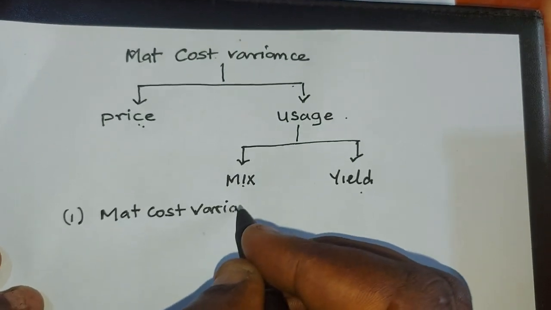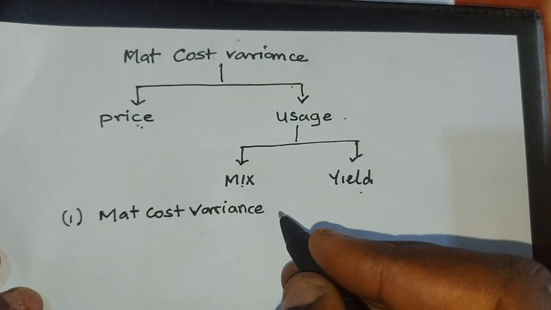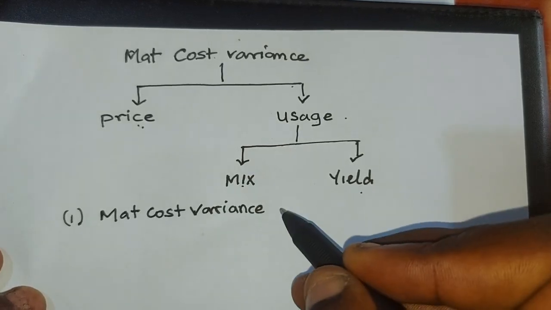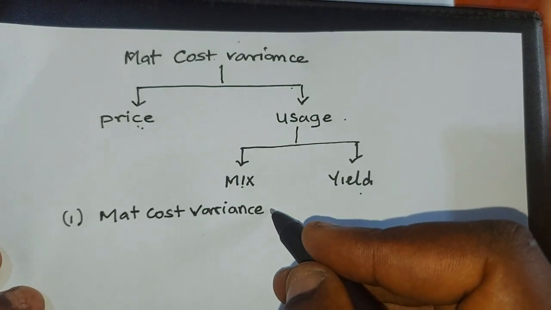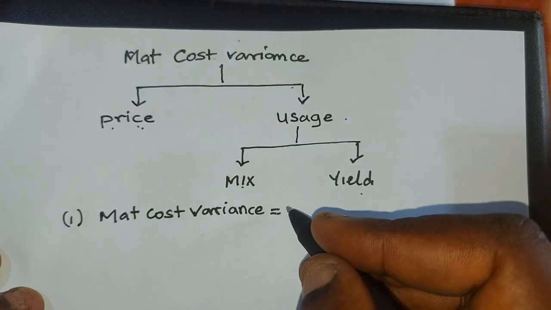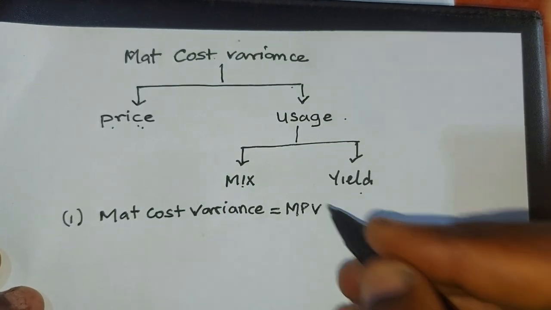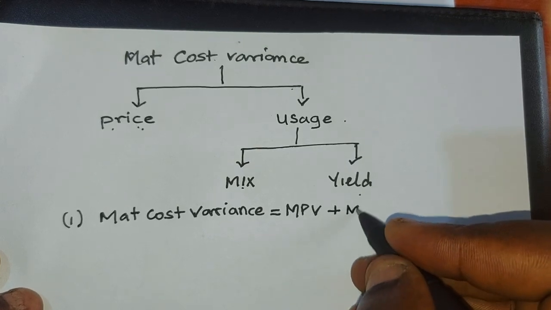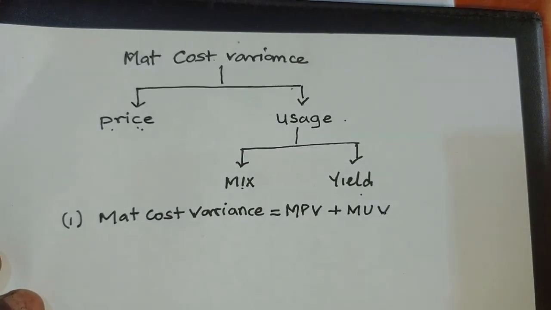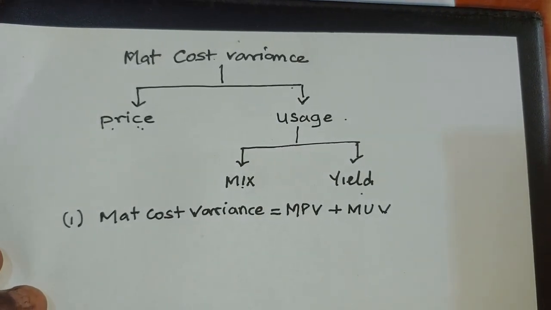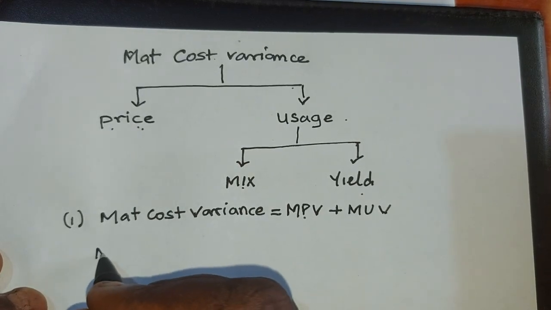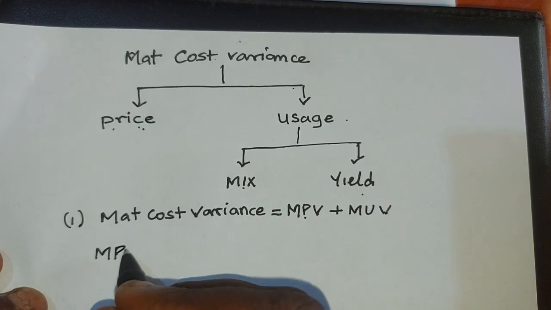Now, number one, for the material cost variance, don't forget, what is variance? Variance is nothing but the difference between the standard and the actual. So the material cost variance is the addition of material price variance plus material usage variance. Now, in this question, let's look at material price variance.